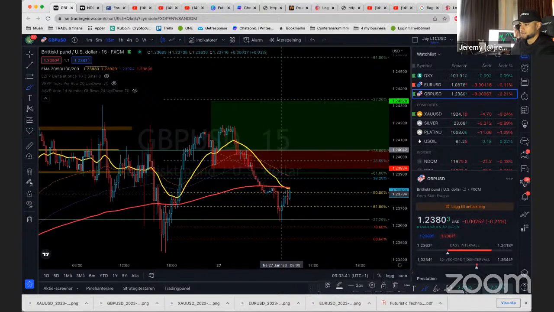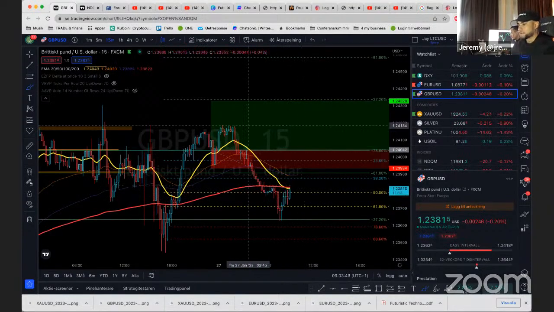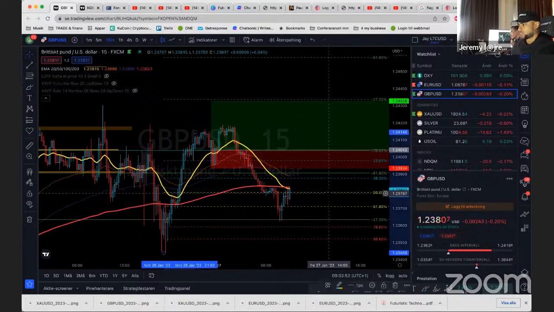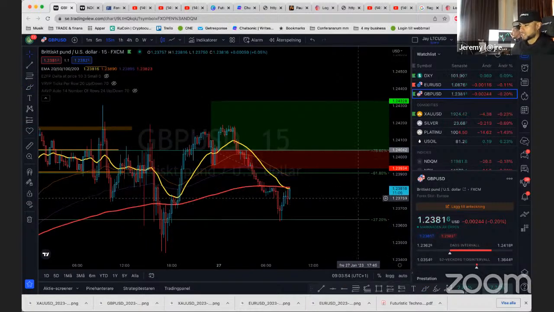It broke through the support here, and it's retesting it now as resistance right here. We'll see if it breaks through. Market has just opened, so let's see how the market reacts first.